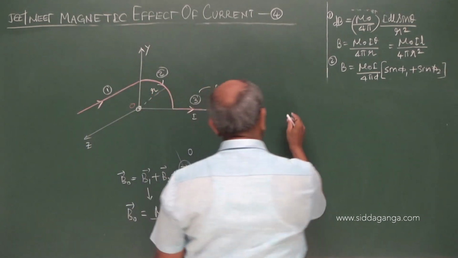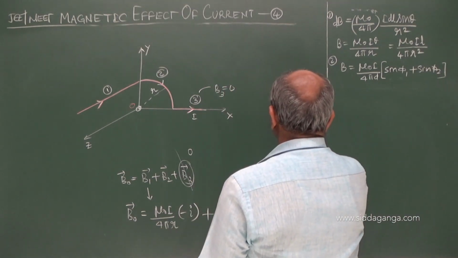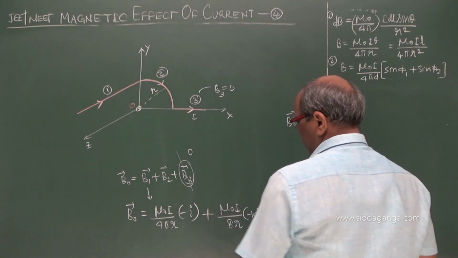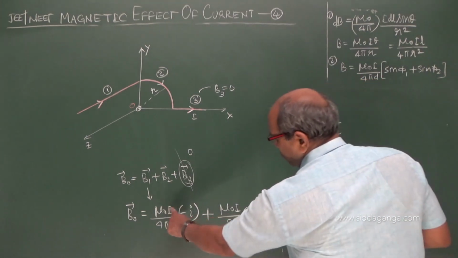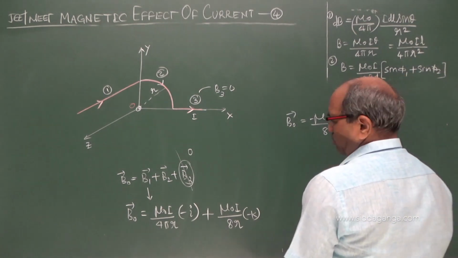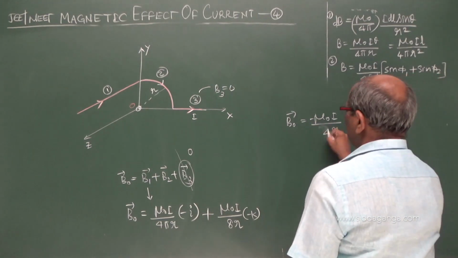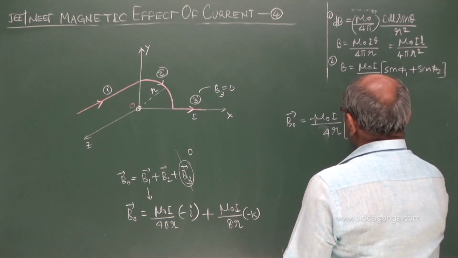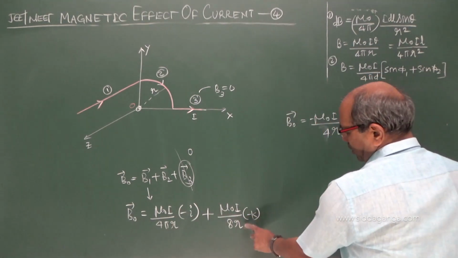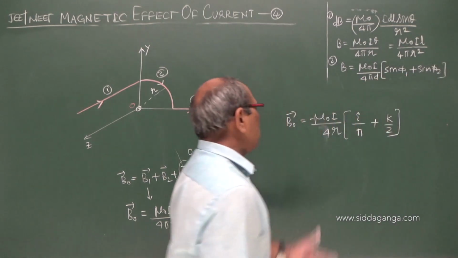So therefore, if we simplify, B naught equal to minus mu naught I by 8R. If I take 8R out, or let us take 4R, mu naught I by 4R, bracket i upon pi, minus i taken already, plus k by 2. K by 2 is the expression.